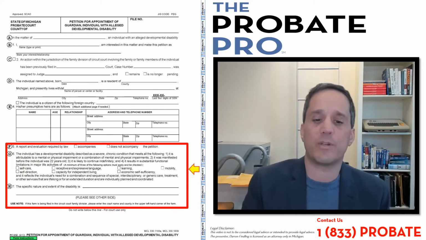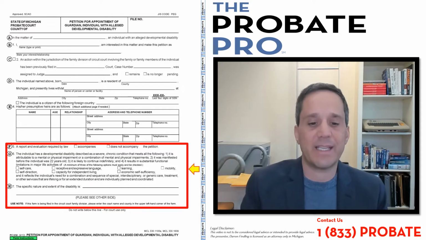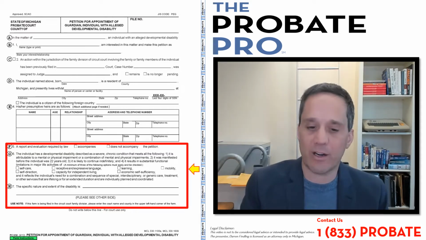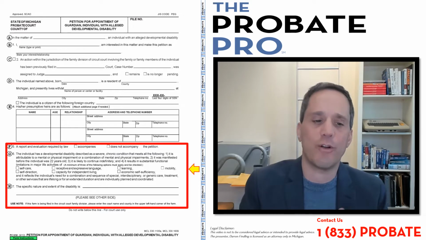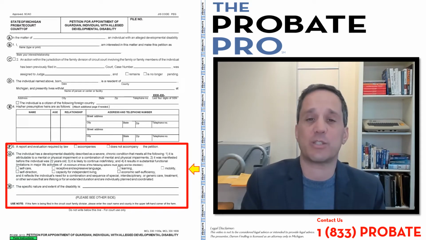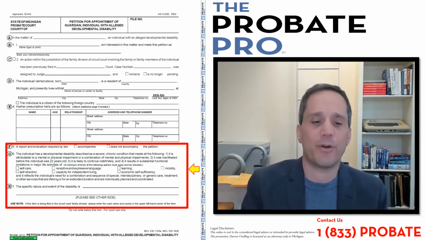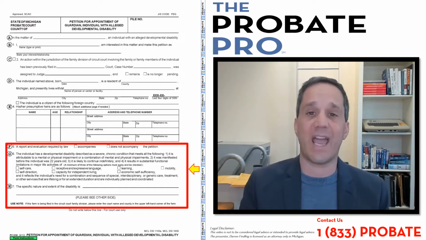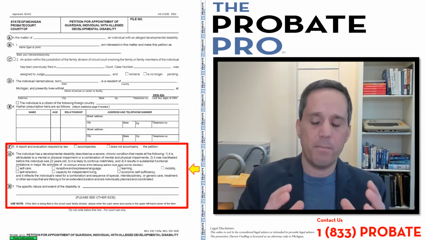And 4, it results in substantial functional limitations in a major life activity. And then again, that is self-care, self-direction, receptive and expressive language, capacity for independent living, learning, economic self-sufficiency, and mobility. These are the statutes that you have to meet the definition.